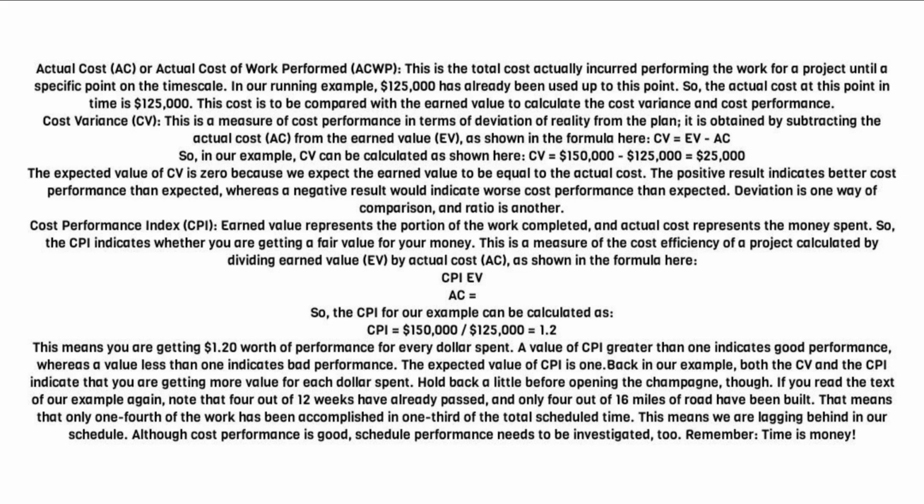Cost variance, CV. This is a measure of cost performance in terms of deviation of reality from the plan. It is obtained by subtracting the actual cost, AC, from the earned value, EV, as shown in the formula here. CV equals EV minus AC. So, in our example, CV can be calculated as shown here.